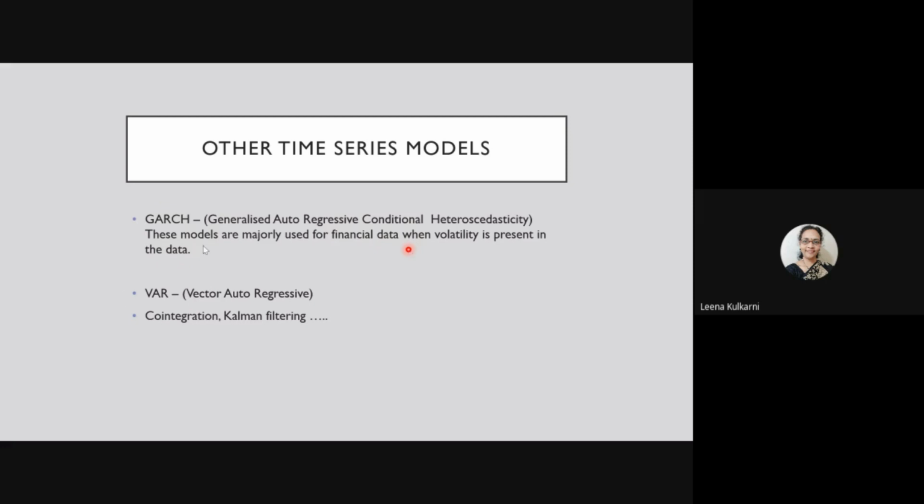And then you can have vector autoregressive models also. There are different methodologies going ahead: co-integration, Kalman filtering, you have for time series data sets. So as you go ahead, depending on the data set and the requirement, you can choose any model where you can talk about the cross correlations also.